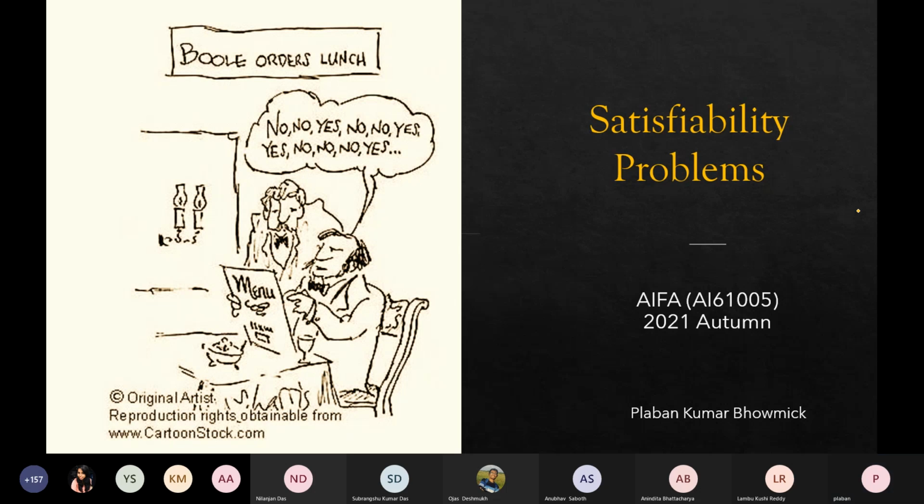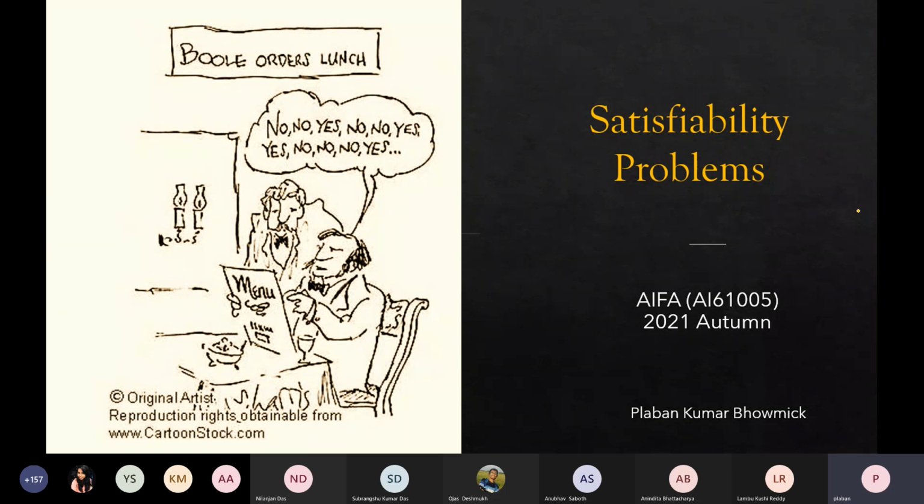So let us talk about satisfiability problems. We'll look at something similar to that, where you have different variables in a formula, of course. And finally, your objective is to find an assignment of the variables for which you'll declare this formula to be satisfiable, right?